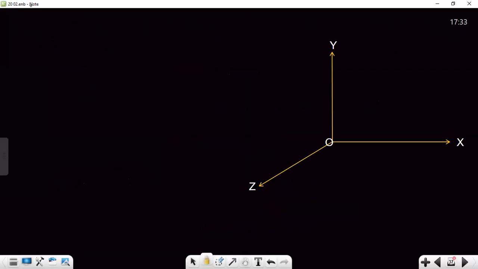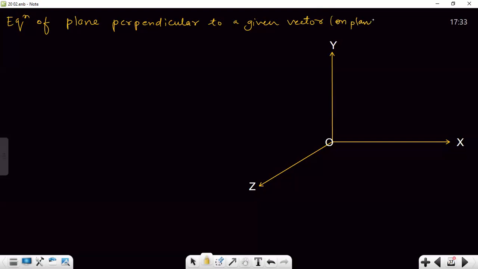This time we are going to discuss the equation of a plane when it is perpendicular to a given vector and passing through a given point. That is what we are going to discuss.